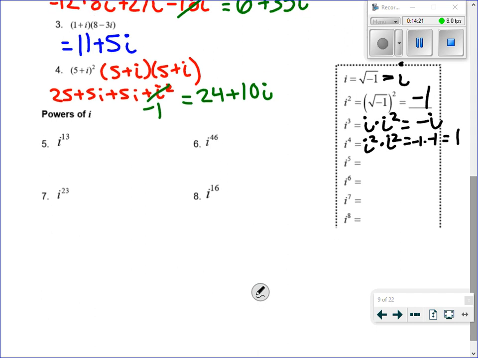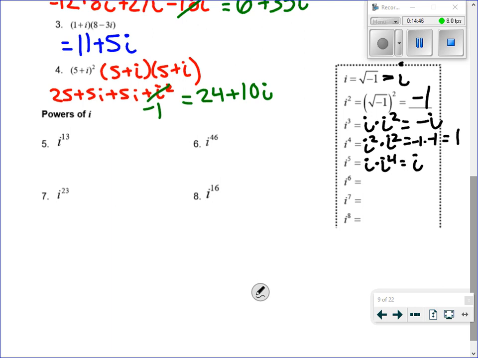So let's keep thinking about that. i to the 5th would become i times i to the 4th. Well, I already know i to the 4th is equivalent to 1. So 1 times i is just i. So let's think about i to the 6th.